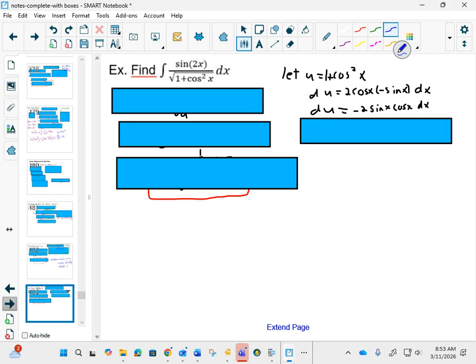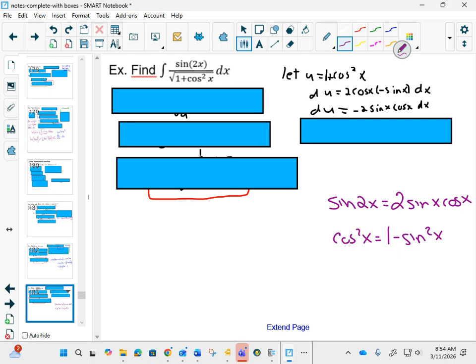I have a sine 2x. What's my double angle formula for sine 2x? It's 2 sine x cos x. I have a cos squared. I just start writing out identities that may help me. The second one doesn't help me in this question, but the first one does.